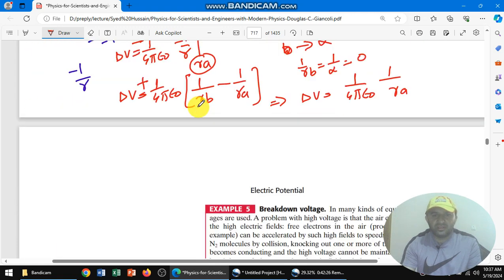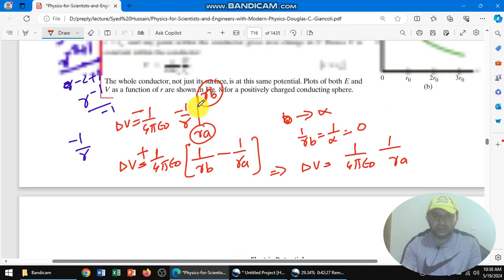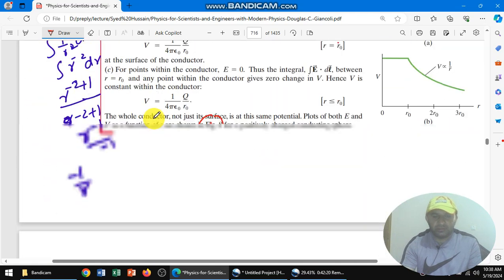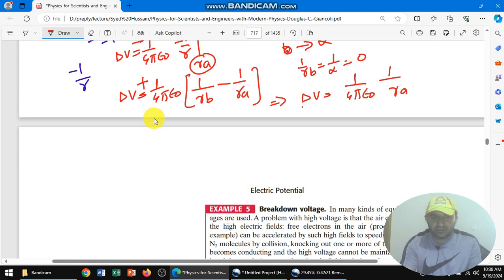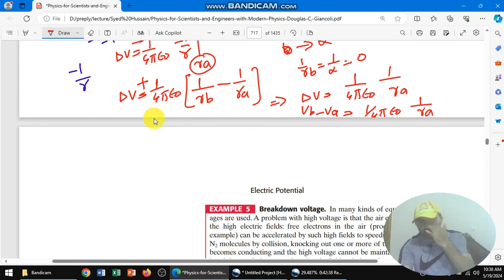So this is VB minus VA, which is equal to 1 over 4 pi epsilon naught times 1 over RA, with a negative sign, because 1 over RB becomes 0, and 0 minus leaves it negative. Because VB becomes 0, the potential also becomes 0 at infinity.